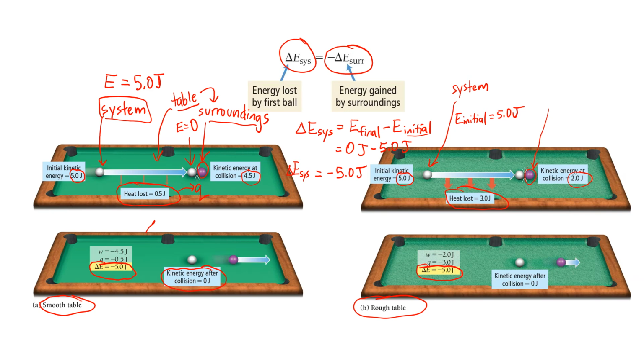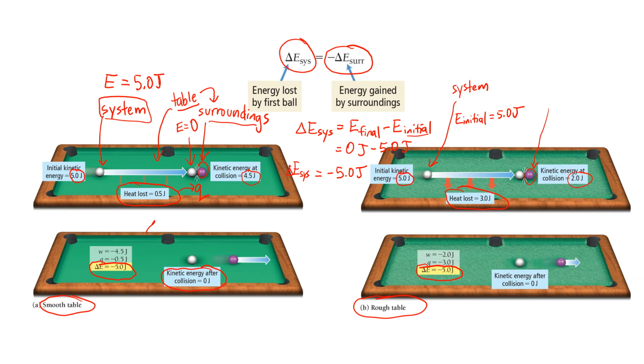Okay? State functions, like I said, the path does not matter, right? Only the state from initial to final matters. Now, heat and work are not state functions because they're path dependent, right? We've noticed that there's a difference from the smooth table to the rough table as far as how much energy was transferred in the form of heat and work.